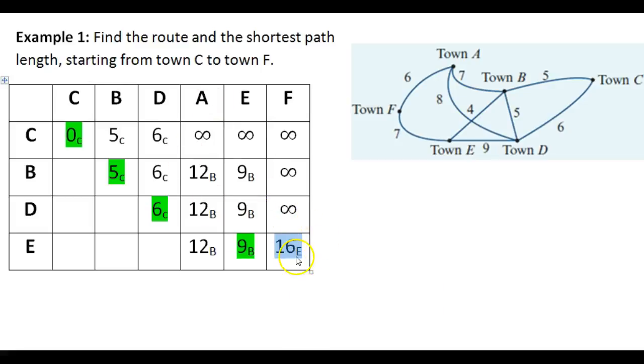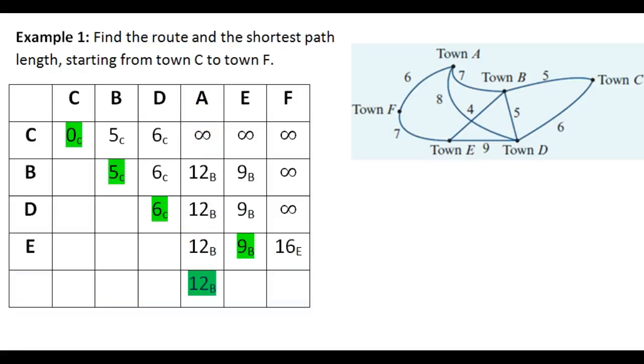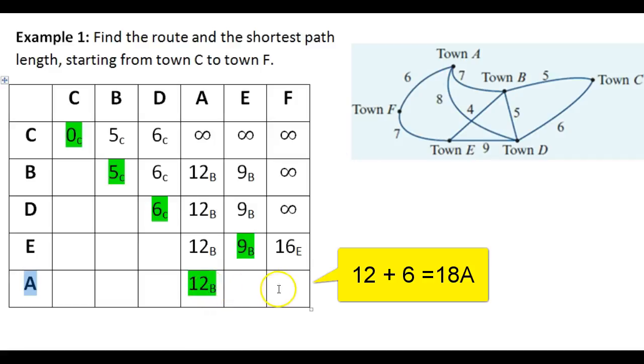Now, once again, we look at the unboxed values, and the best one is 12 via B. So it's in column A. It becomes our next row and our next boxed value. Alright, so there's only one more to check. That's A to F. A to F is an additional 6. 12 plus 6 is 18 via A, and you can see 16 is better, so we keep that one.